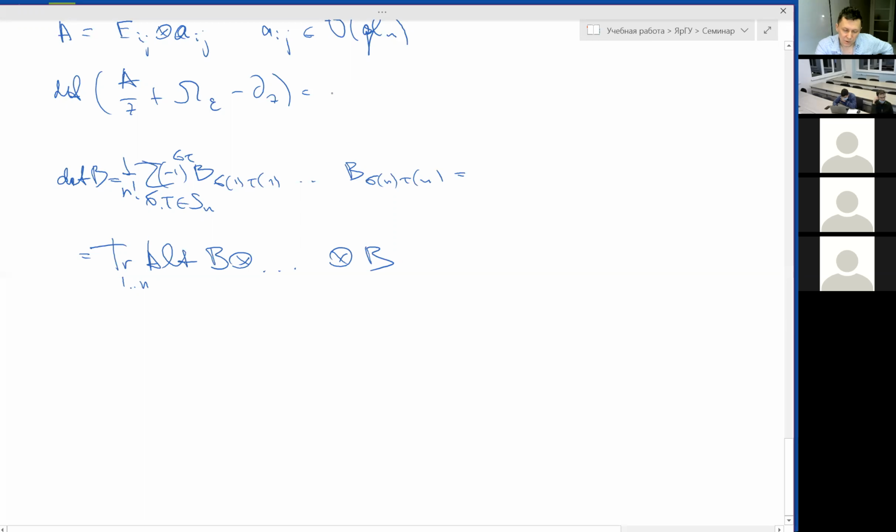And I will present the determinant of my Lax operator also in a similar form. It's the sum of Q I K, dz, epsilon.